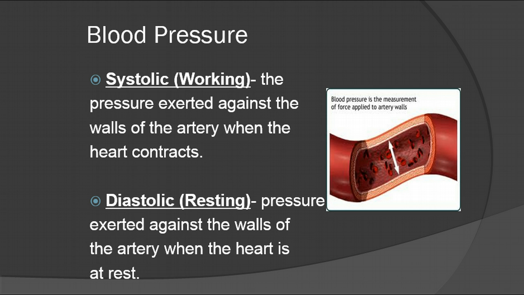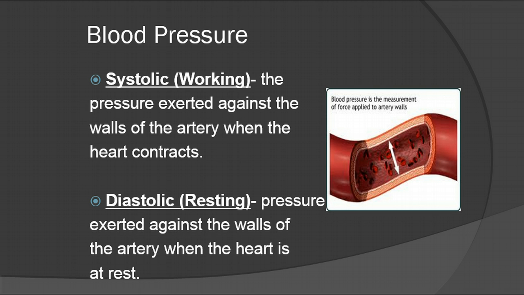One of the things that we end up having a problem with for people who have high blood pressure is when their diastolic resting blood pressure reaches over 90 millimeters of mercury.